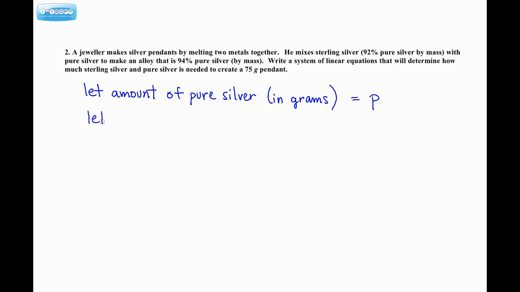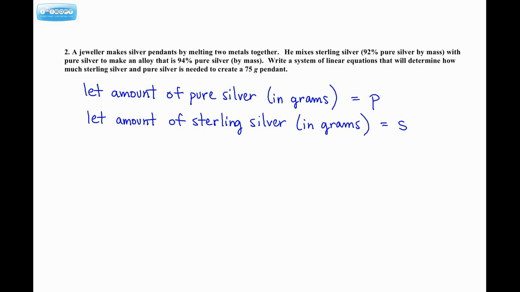So we got to mix that with a sterling silver, but how much? So we're going to let the amount of non-pure silver, so this is the sterling silver, okay, in grams as well, we'll let that be S. S for sterling.